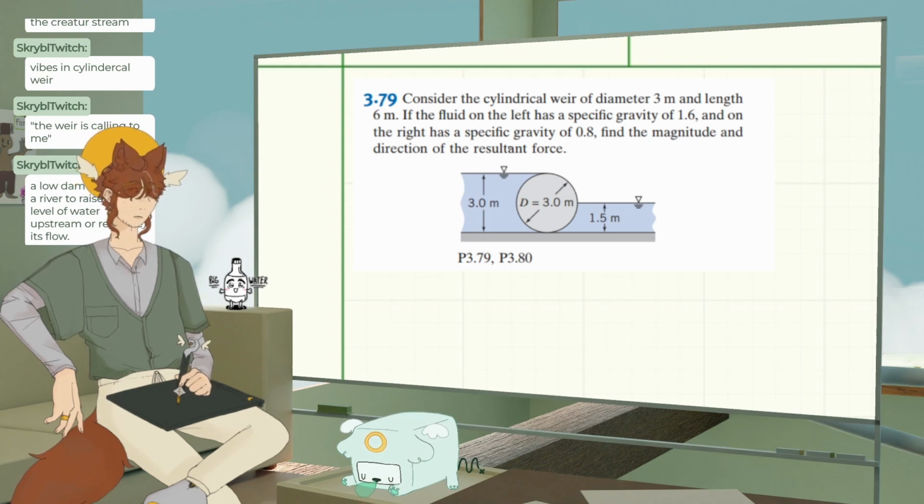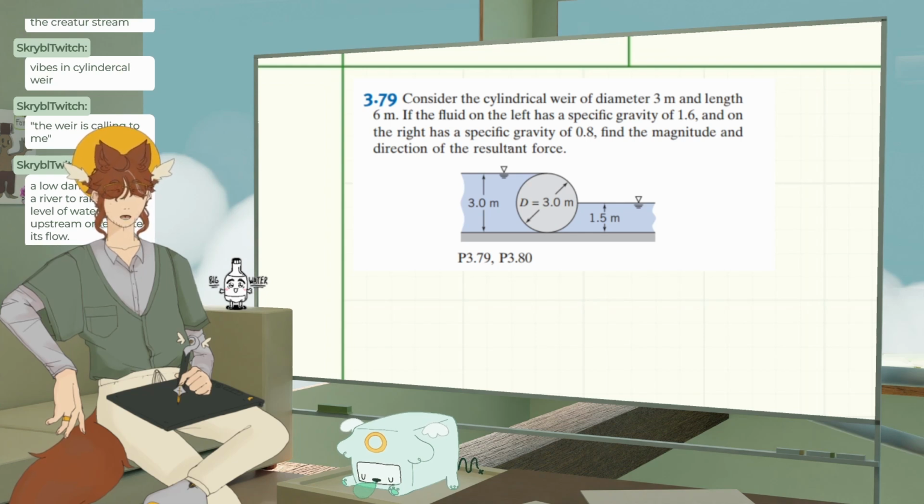Find the magnitude and direction of the resultant force. Okay, well, there's more of the fluid on the left, and it has a higher specific gravity. So hopefully we're probably going to get something pointing to the right.